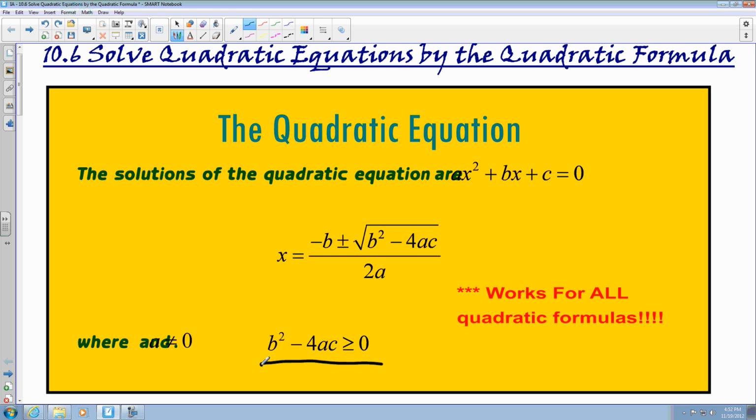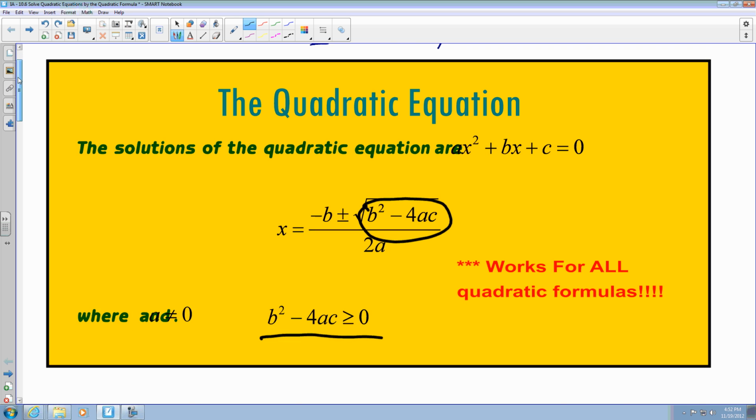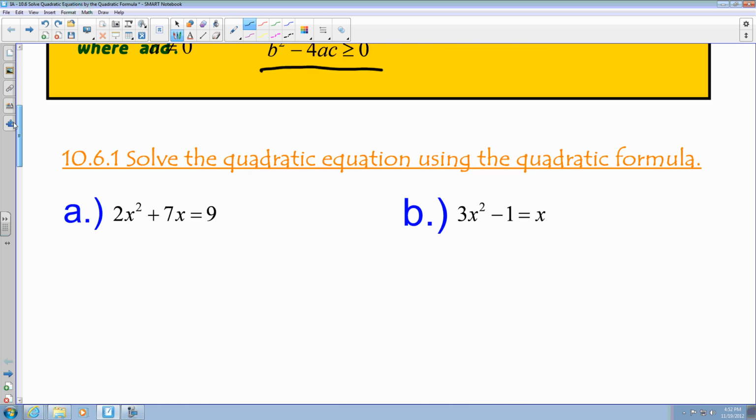That's the only time that it works, because if in here this is a negative number, we have no solution because we cannot take the square root of a negative number. So make sure you keep that in mind when you're solving the problems.